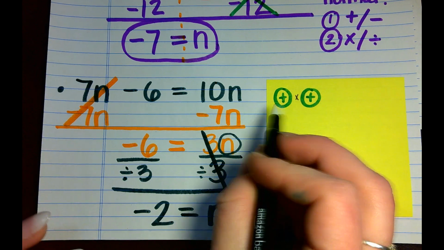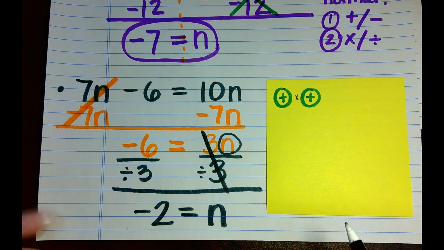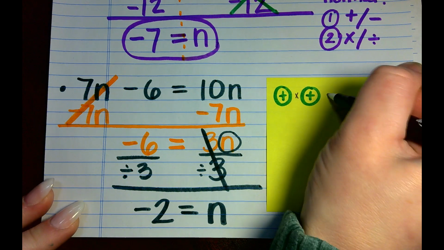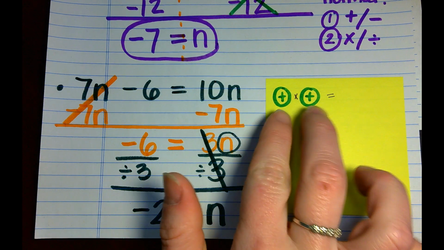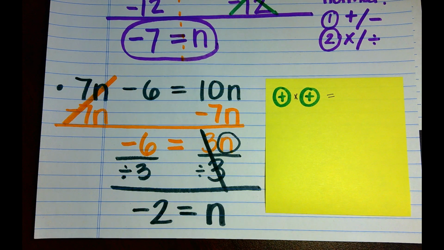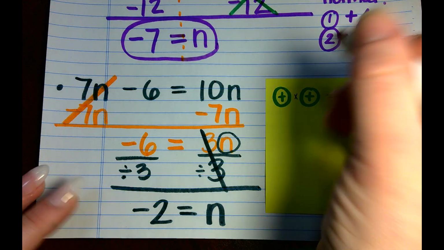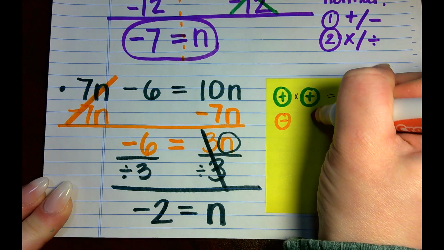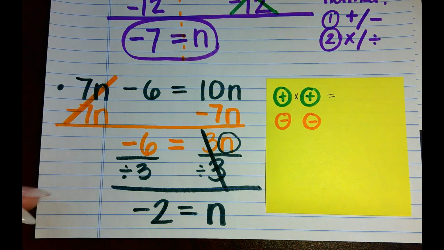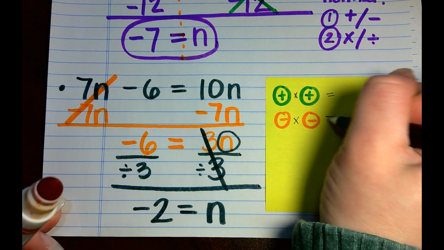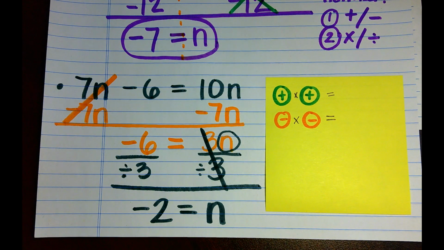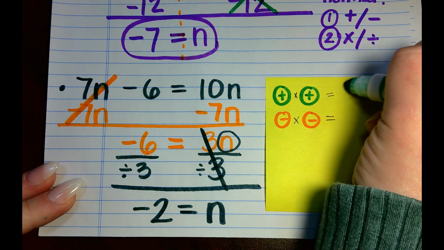Okay, let's review the positive and negative multiplication and division rules really quick, though. If we are multiplying or dividing by numbers with the same sign, whether it's 2 positive numbers or 2 negative numbers, our answer will be what kind of number? Positive.